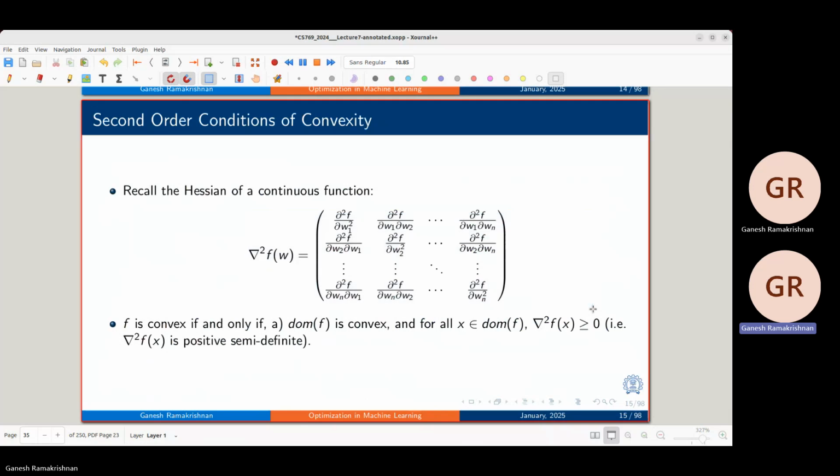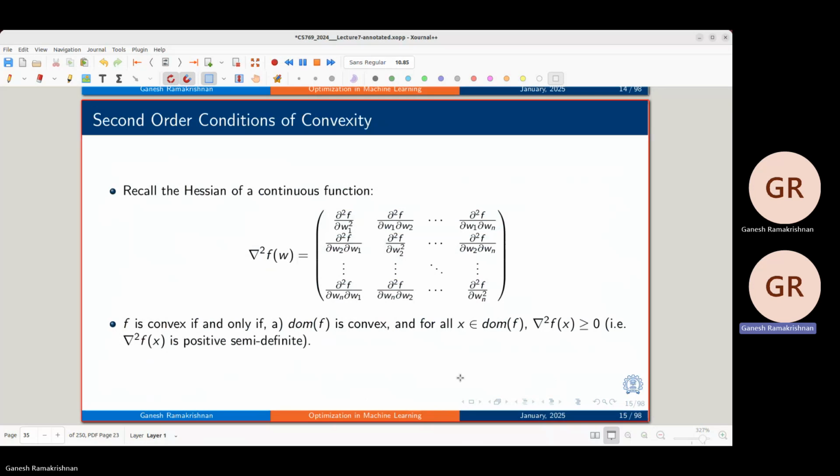We look at more curvature conditions, but curvature in terms of second order is in terms of Hessian. Now it turns out that if the function is convex, then the Hessian must be positive semi-definite. This notation is a partial inequality, greater than or equal to 0.